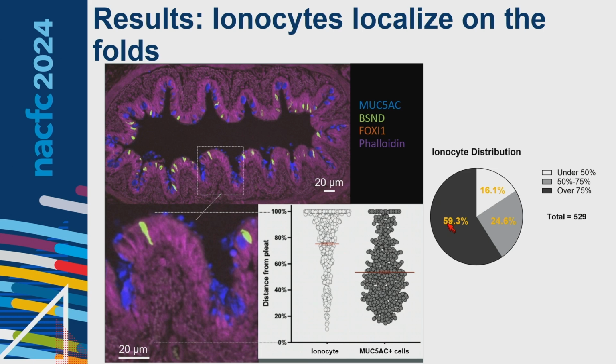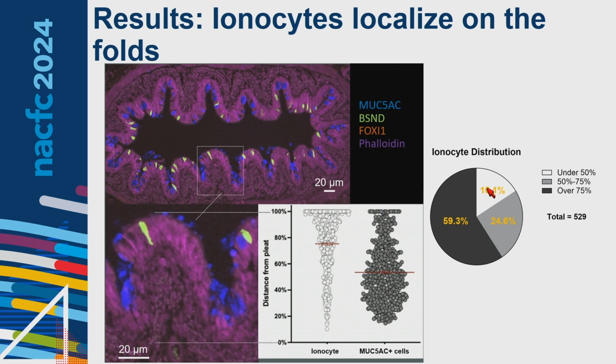As you can see, we quantified 229 ionocytes from several slides we got from different pigs and different regions of the distal airway. And we find that almost 60% of the pulmonary ionocytes with BSND and FOXP1 labeling are located above 75%, so the top quarter of the fold region.